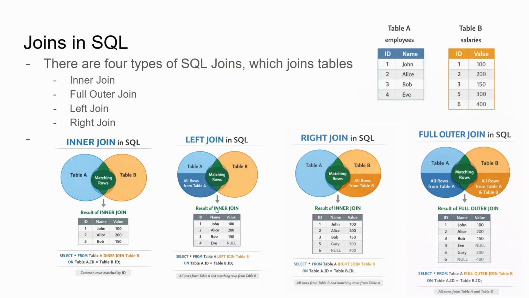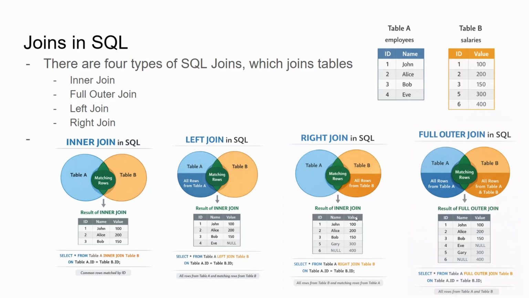This should have said result of left join, but if you see, it will bring the details of John, Alice, Bob, and Eve. Eve will not have a salary because it's not present in the salary table, so that's why it's saying null over here. In a right join, all of table B's data will come irrespective of whether it is present in table A or not.